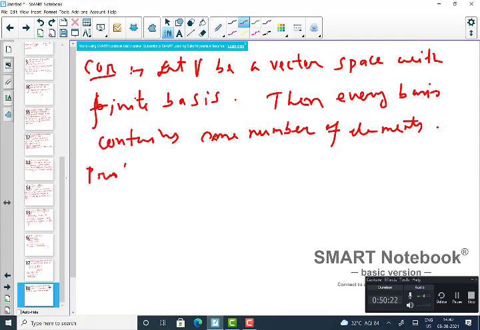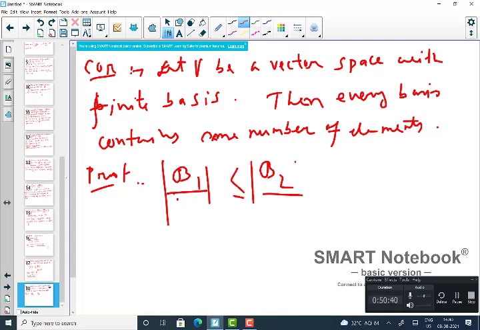So suppose you have two bases, B1 and B2. B1 is a linearly independent subset, and B2 is a spanning set, so the replacement theorem tells you that the cardinality of B1 is less than or equal to the cardinality of B2. This is one inequality. But B2 is also a linearly independent subset and B1 is a spanning set.